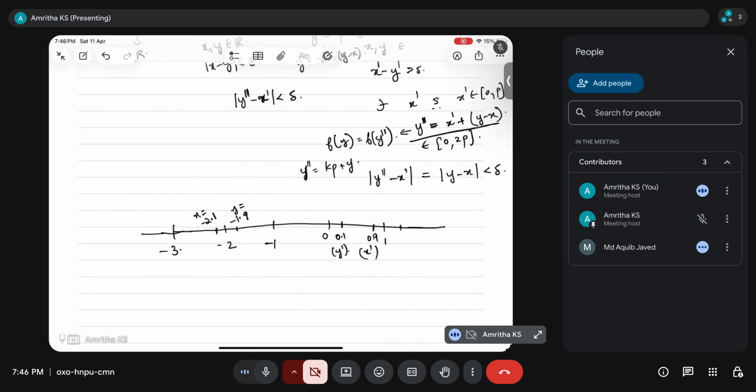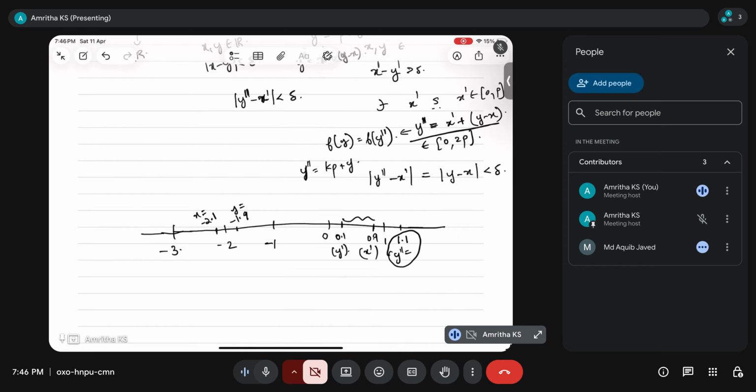So here what happens is this distance can be greater than delta. So now, suppose delta equals 0.1. Now I take y double dash to be this 1.1, right? That means I am adding p.